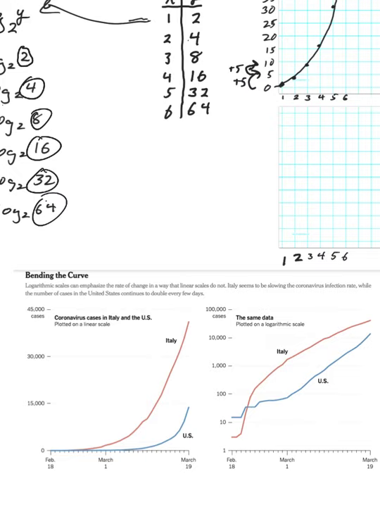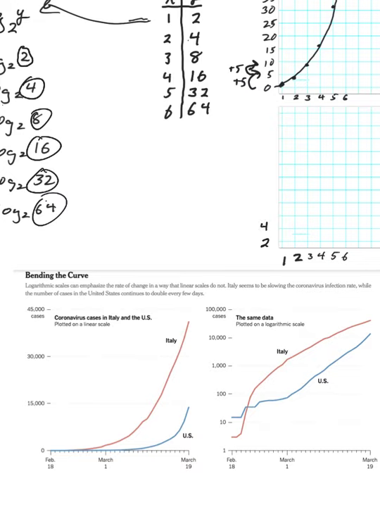So for instance, I'm going to start the first as 2 when I do my y-axis, and then to get to the next box, I'm not going to add 2 or add 5, I'm going to multiply by 2, and I'm going to get 4.